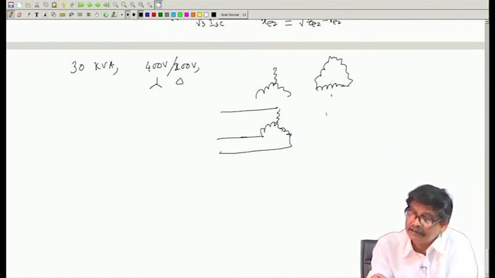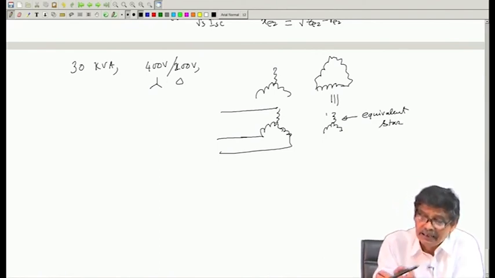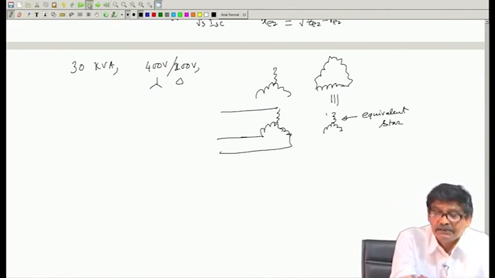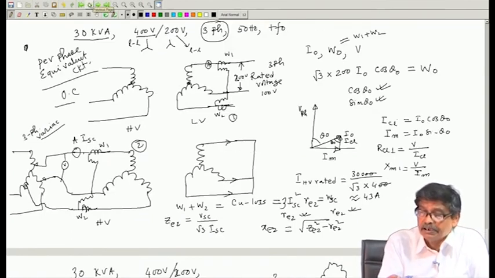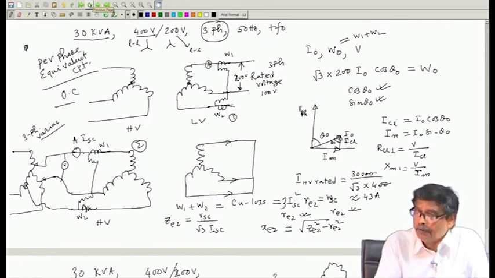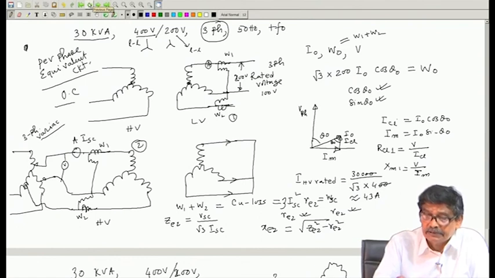You can consider it to be some equivalent star, and then calculate the parameters in the same way, because what you are doing, you are measuring the total power drawn by that 3-phase connection, which is star shown here, during the no load test.